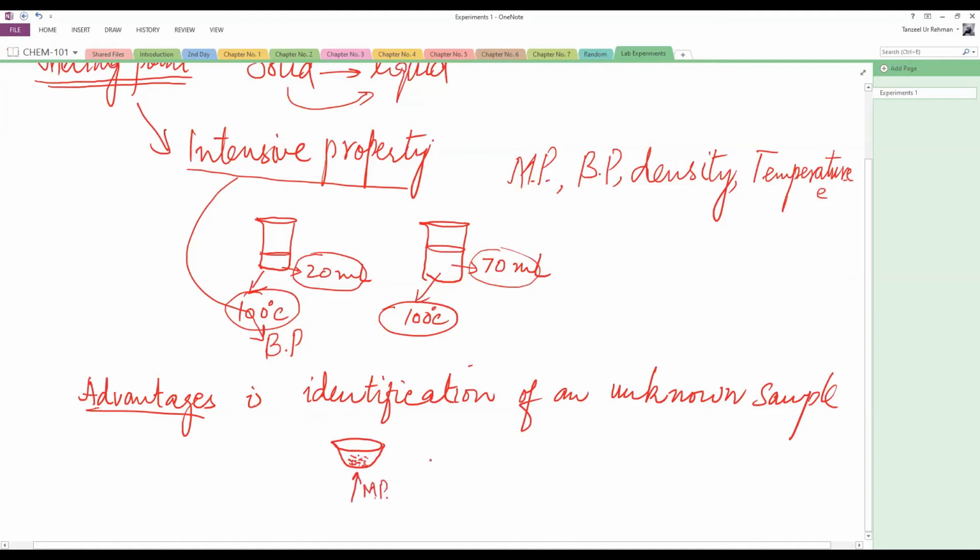If the melting point of this compound is 801 degrees Celsius, then we will look up this temperature in a database. We will find which compound has a melting point of 801 degrees Celsius. That will be NaCl. Similarly, we can use this for any compound.